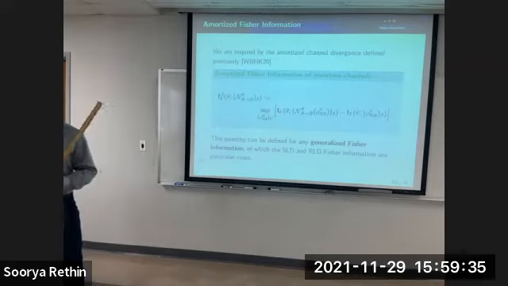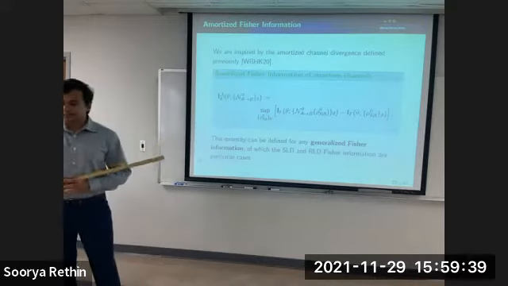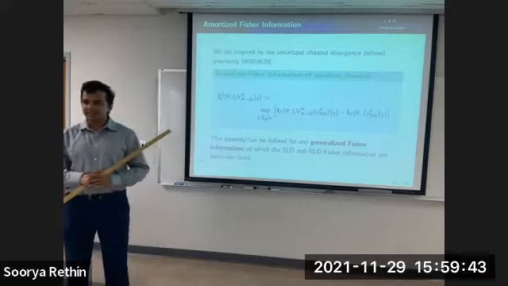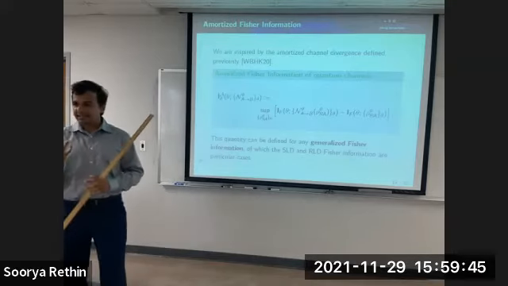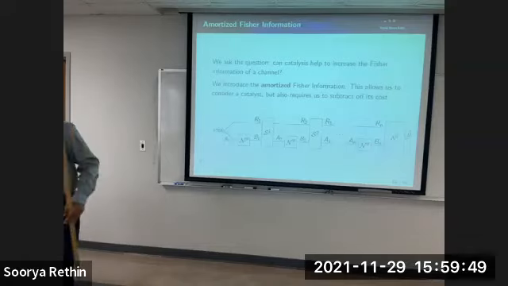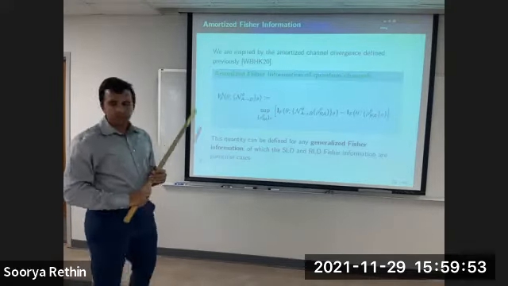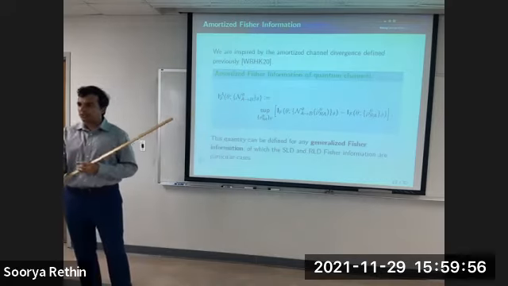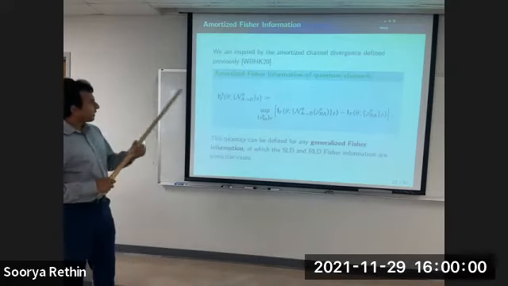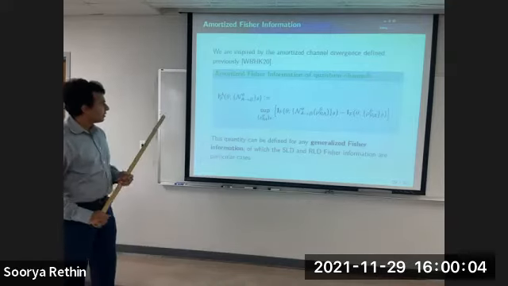The amortized channel divergence, which was studied in this work, found its use in analyzing the power of sequential protocols like the one in this slide. And in that paper, this channel divergence was used to study the power of sequential protocols in tasks called channel discrimination. And that's what we extend in some sense to channel estimation.